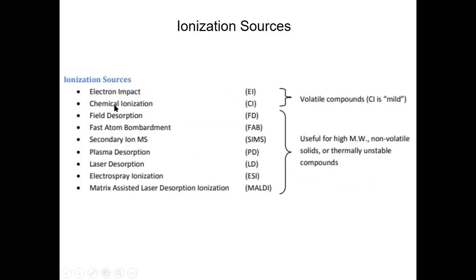These are the ionization sources available: electron impact, chemical ionization, field desorption, fast atom bombardment, secondary ion MS, plasma desorption, laser desorption, electrospray ionization, and MALDI. MALDI means matrix assisted laser desorption ionization. Those are the different types of ionization sources. Based on these ionization sources, we will get the fragmentation pattern.